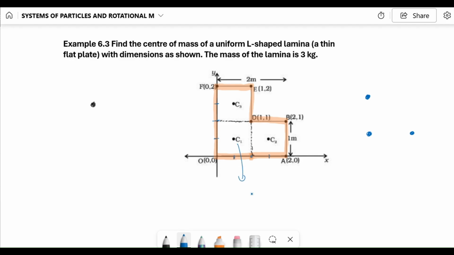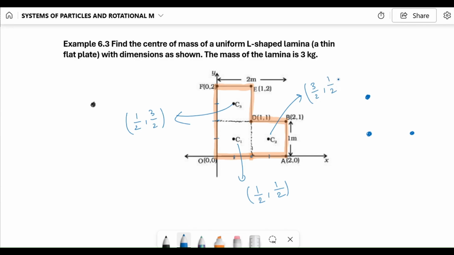C1 is at, look, 1 by 2 on the X side and 1 by 2 on the Y side also. What about C3? This is 1 by 2 X coordinate, and the Y coordinate is from here to here, that will be 3 by 2. And then what about C2? We can write its coordinate as X 3 by 2 and Y coordinate is 1 by 2.